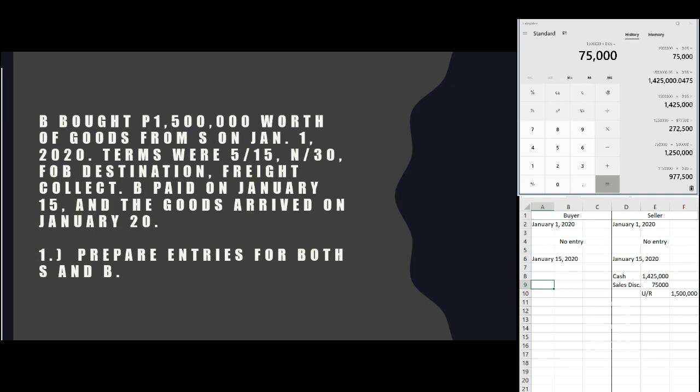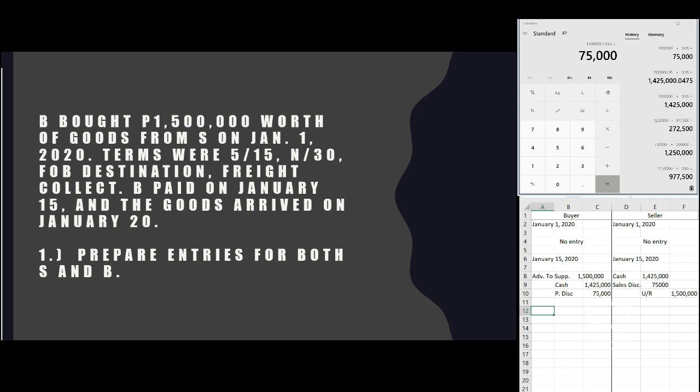Okay, on the other hand, punta tayo dito. Si buyer, mawawalan siya ng cash. Credit cash, ang ibabayad niya 1,425,000. And then meron siyang purchase discount na 75,000. And then anong classification nito? This one will be advances to suppliers, 1,500,000.